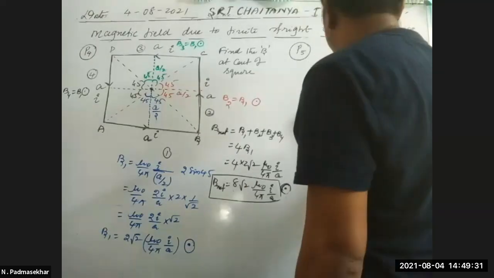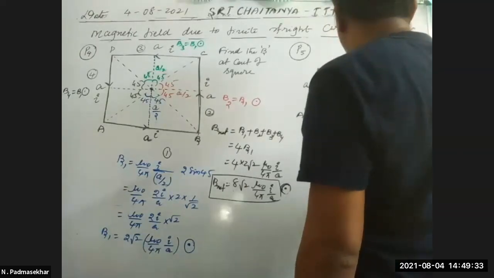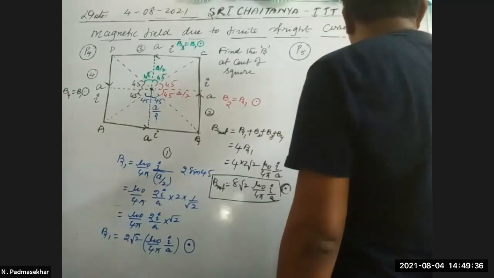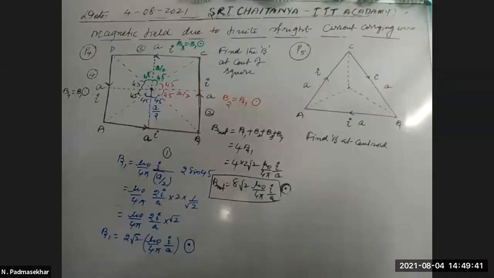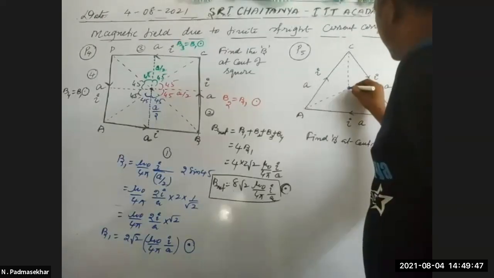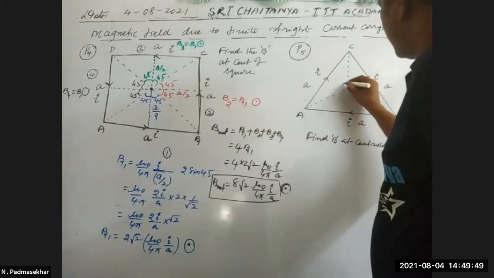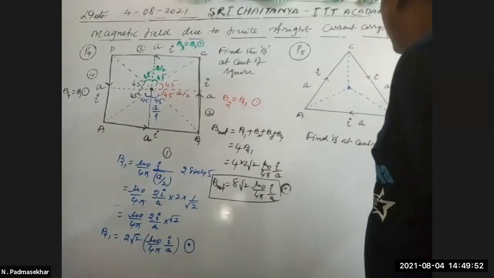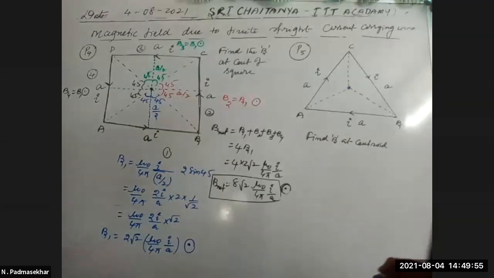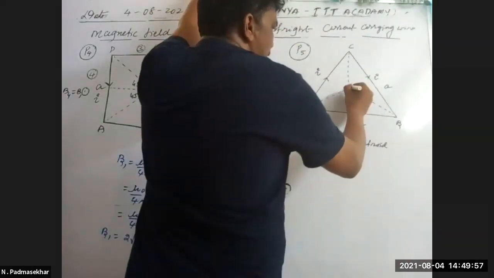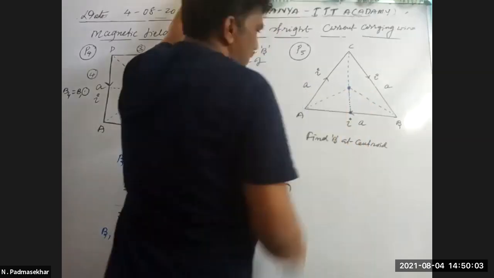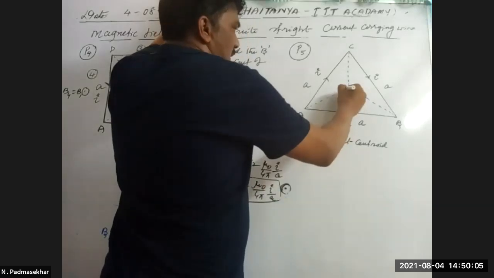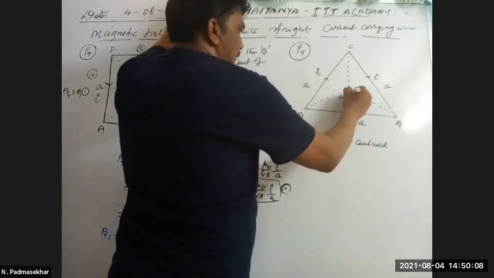So this is the centroid, means you have to consider this. The total angle here is 360. 360 by 3 is 120. So 120, and exactly from the midpoint, the angle is 60.